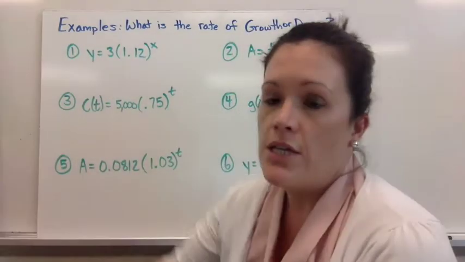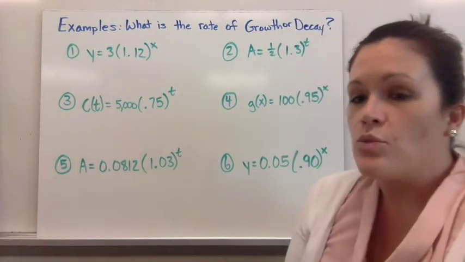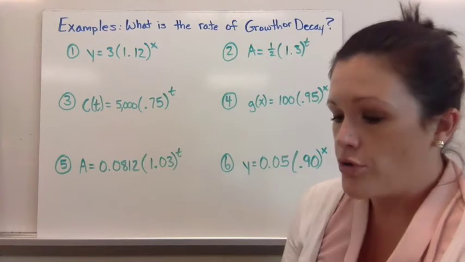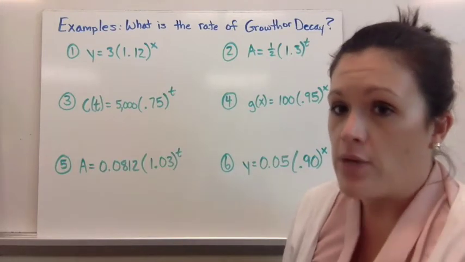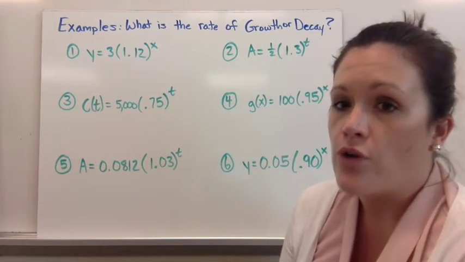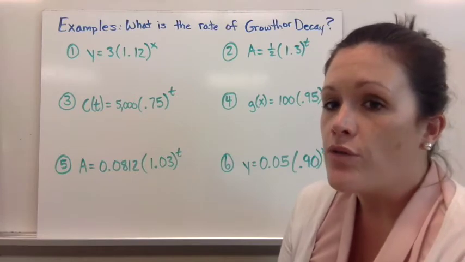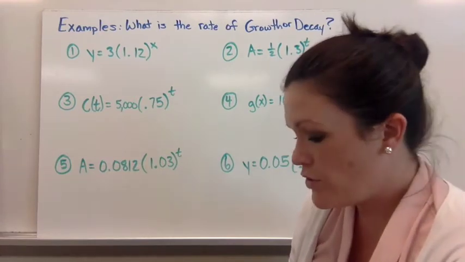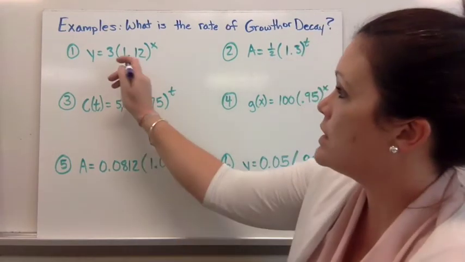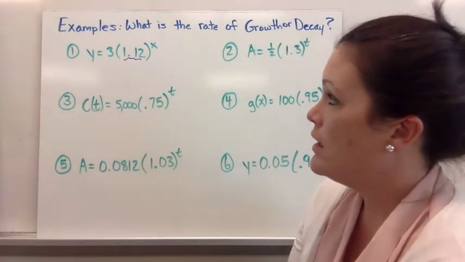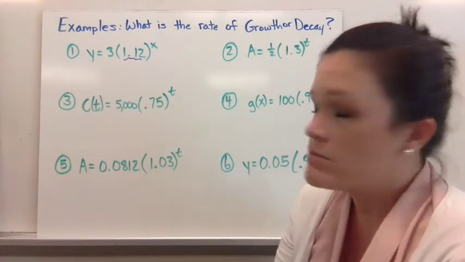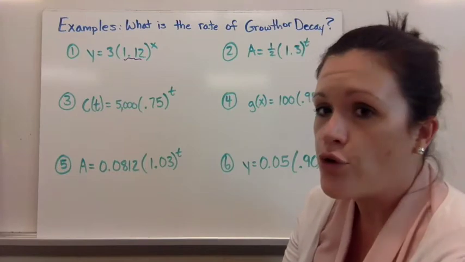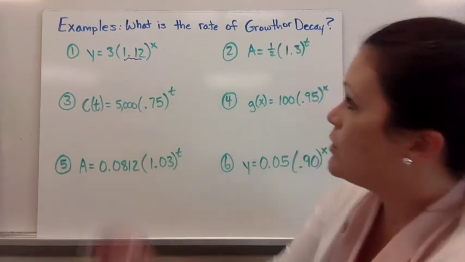So if you're given the formula set up and you're asked what is the rate of exponential growth or decay, you can pick it out by knowing b is greater than 1 for growth and b is less than 1 for decay. So for number 1, I'm only looking at the value in the parentheses. The 3 is not part of this question. The rate of growth or decay is what is to a power.